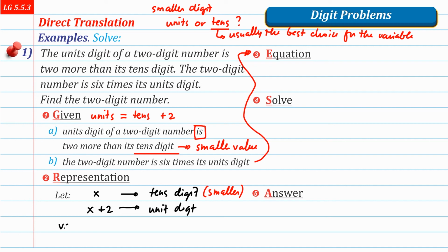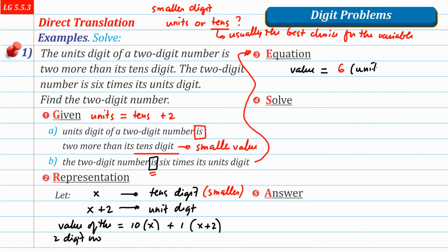How do you get the value of the 2-digit number? 10 times the tens digit, which is x, plus 1 times the unit digit, which is x plus 2. Tama ba? That's the value. So, that means the value of the 2-digit number is 6 times its units digit.